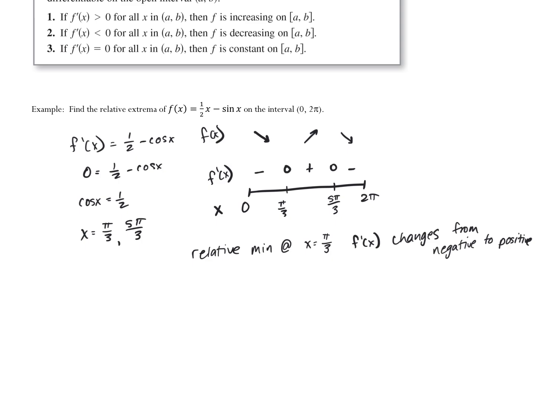The only time I might is if I give you a closed interval and ask for global maxes and global mins, which you would have had to find those to know which ones are the globals anyway. All right. And then likewise, we're going to say we have a relative max at x equals 5 pi over 3 because f prime changes from positive to negative.